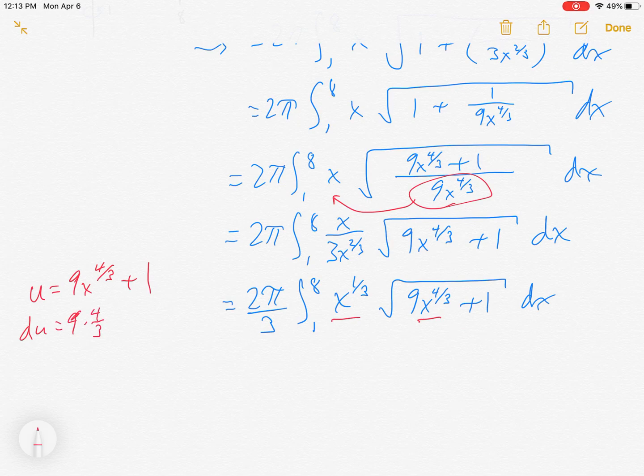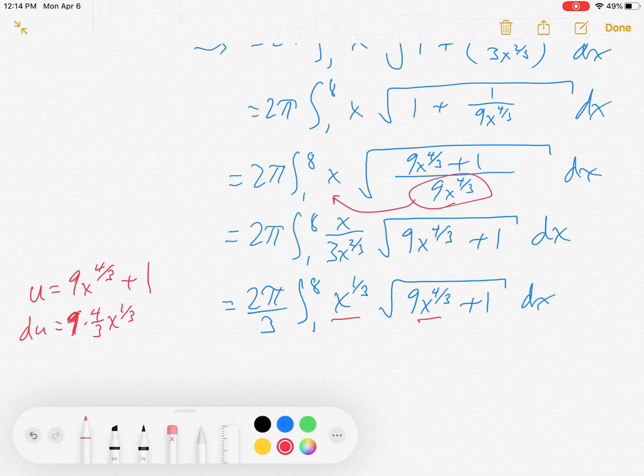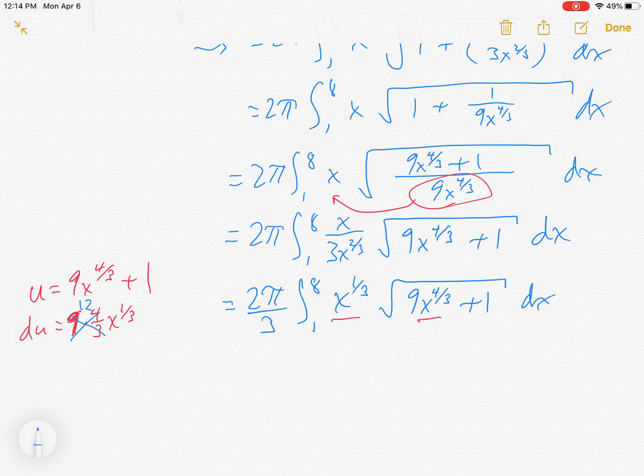Then our du is going to be 9 times 4/3 x to the 1/3. I don't want that 9 times 4/3, but that's 36 over 3, which is 12. That just becomes 12. So I could do this, 1/12 du equals x to the 1/3 dx. Can you believe it?